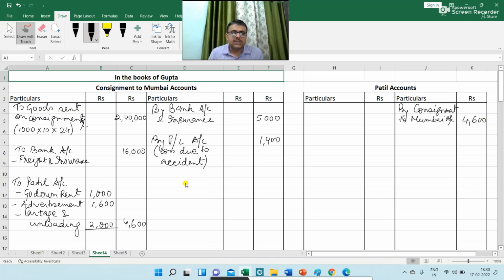Now Mr. Patil sold 8,000 kg of oil. So here I am writing by Mr. Patil account. So this is the sale proceeds. So 8,000 kg of oil was sold for rupees 40 per kg. So this will be rupees 3,20,000.